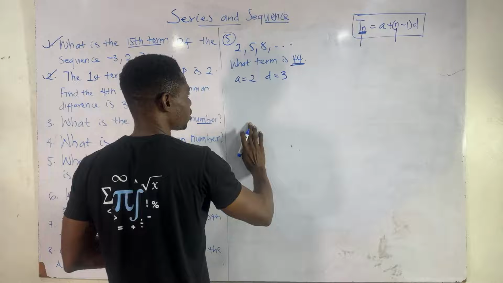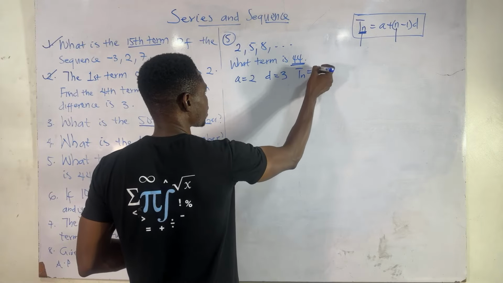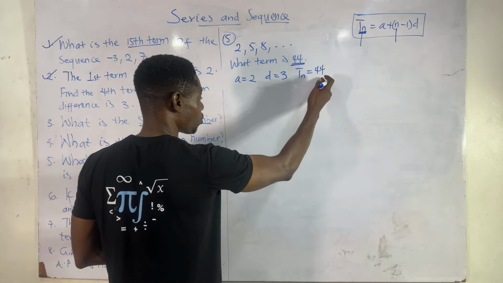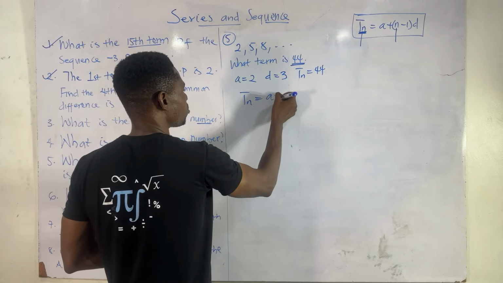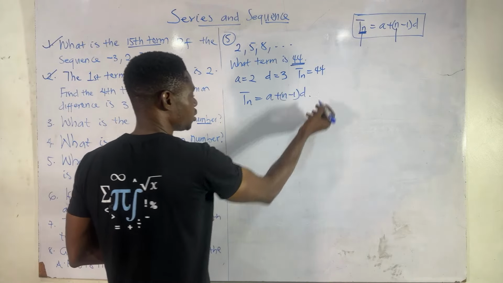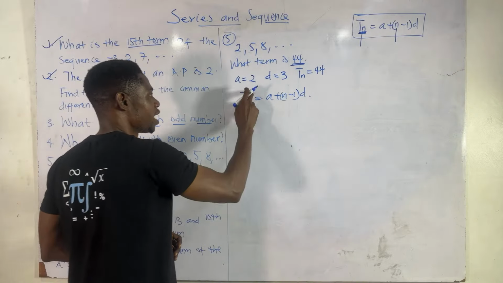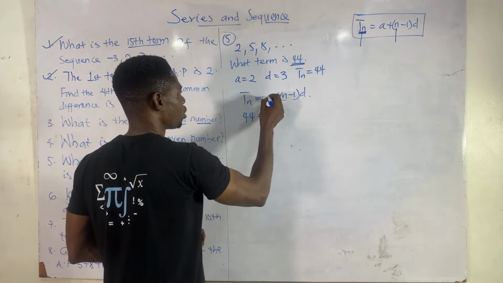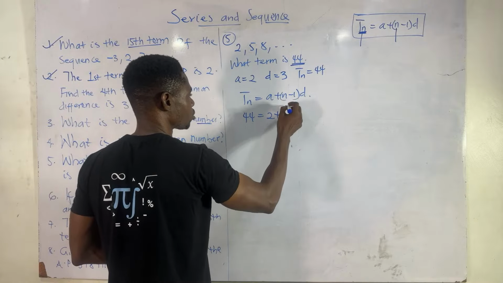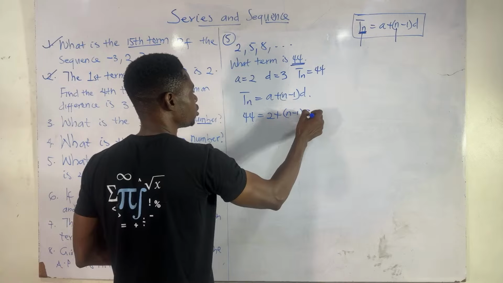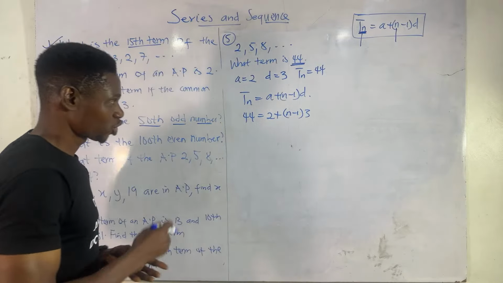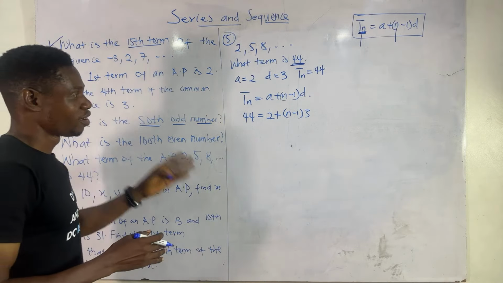So our D is obviously 3, and our Tn, our last term, is 44. So we're stopping at 44, but we don't know the n. So remember, Tn equals what? A plus n minus 1 D, right? So Tn, 44, equals A, 2 plus n minus 1 multiplied by D, which is 3. So we're looking for n that will give us 44.